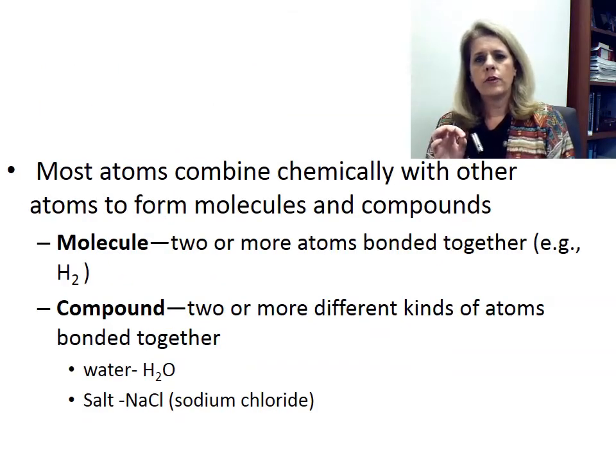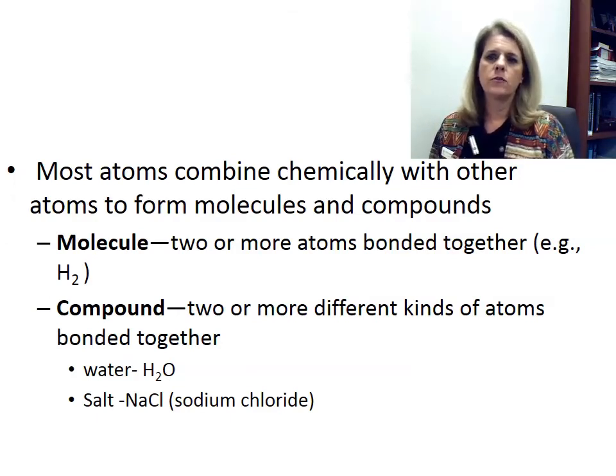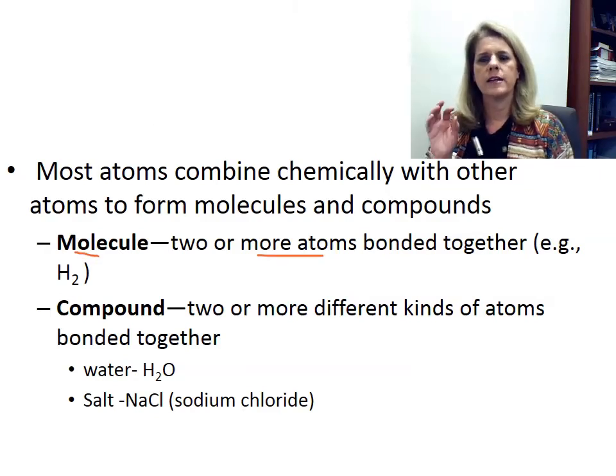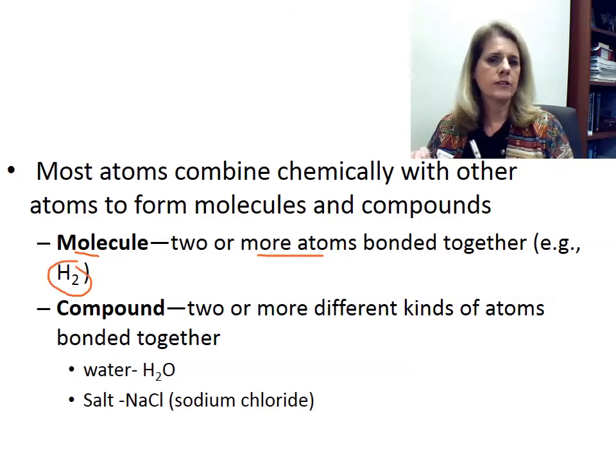Now, most of your elements can combine, and they combine with other elements or of the same type of element or different elements, and they form bigger molecules and compounds. And so the word molecule means that you have 2 or more atoms bonded together, and it's the same atom. So, for example, 2 hydrogens are bound together, and we would write that chemically as H2.